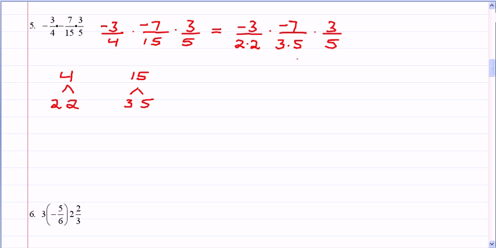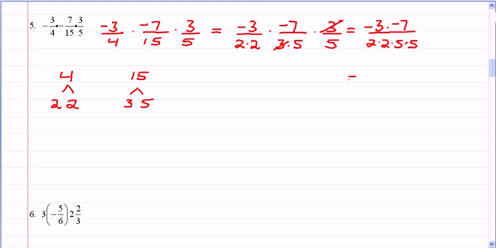And you can only cancel vertically or diagonally. So the 3's cancel, but the 5's do not because they're both in the denominator. It's a numerator and denominator that you're trying to cancel. So there's not much to cancel here. You're left with negative 3 times negative 7 over 2 times 2 times 5 times 5.